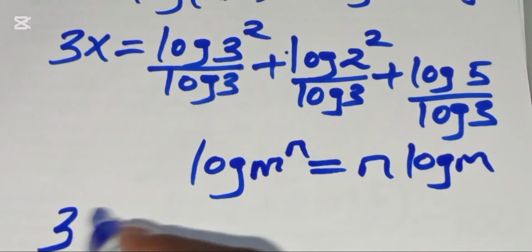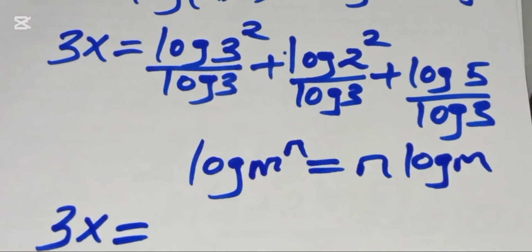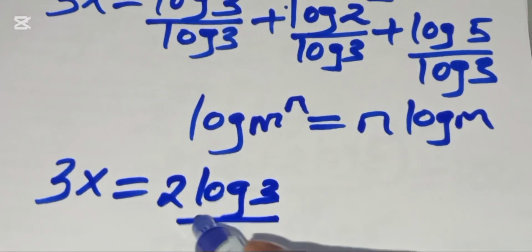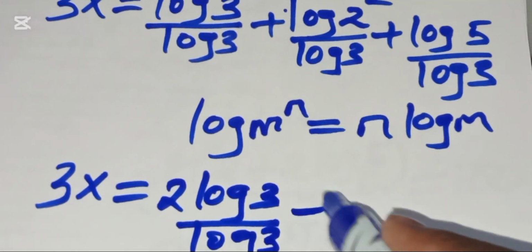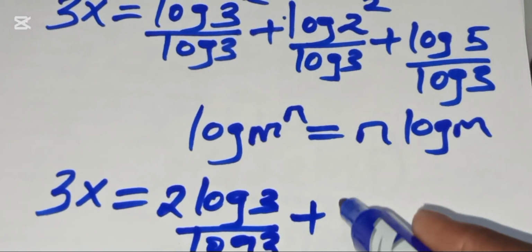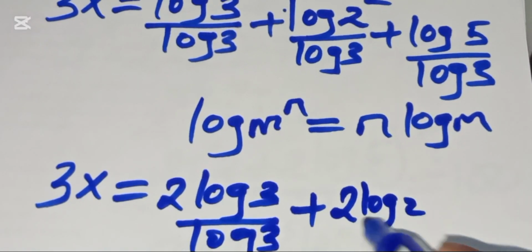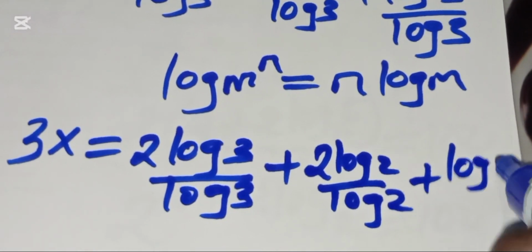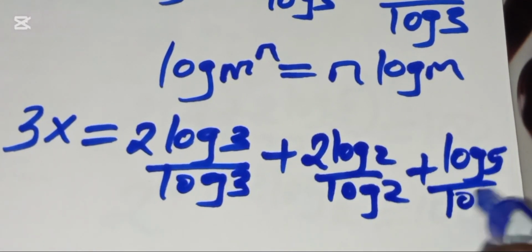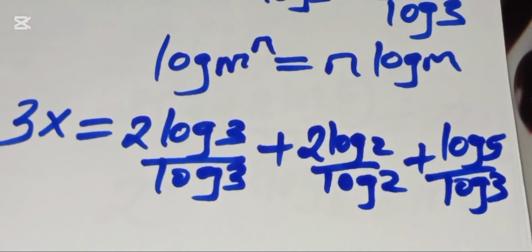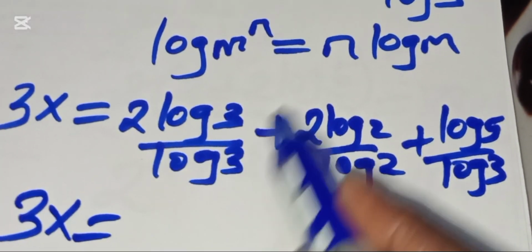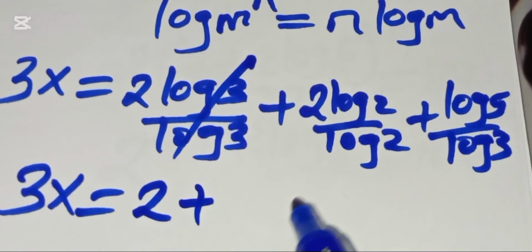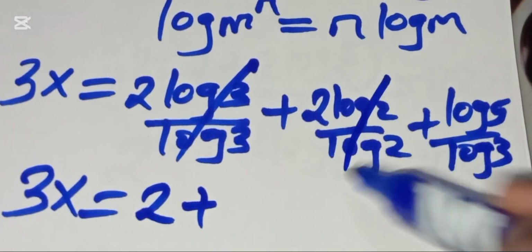We'll have 3x equal to 2 log 3 divided by log 3, plus 2 log 2 divided by log 3, plus log 5 divided by log 3. If we simplify, log 3 and log 3 cancel, and we'll have 2 plus the remaining terms.